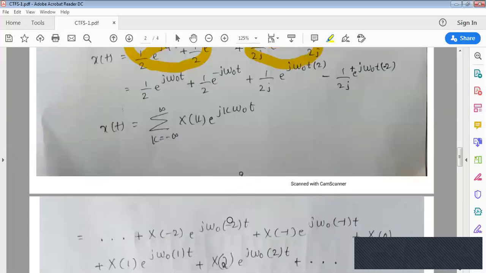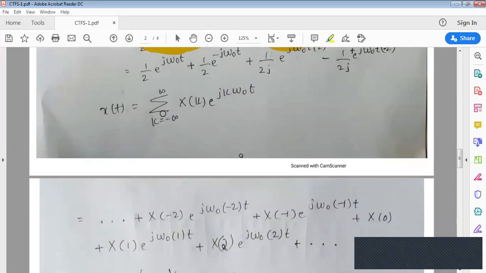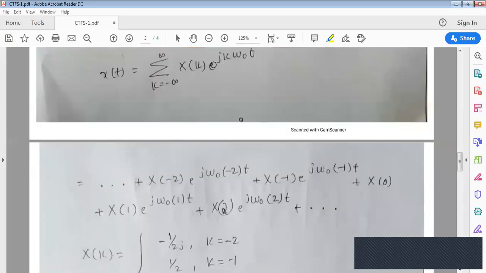See here, x of minus 2 into e power j omega naught t into minus 2, plus x of minus 1 into e power j omega naught into minus 1 into t. When you give 0, it will become x of 0. When you give 1, it will become x of 1 into e power j omega naught t, plus x of 2 into e power j omega naught t into 2. So I simply gave the values minus 2 to plus 2 in this equation.